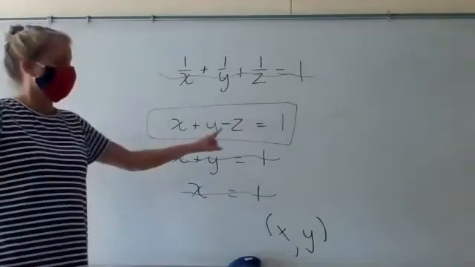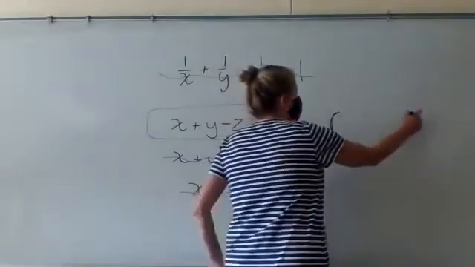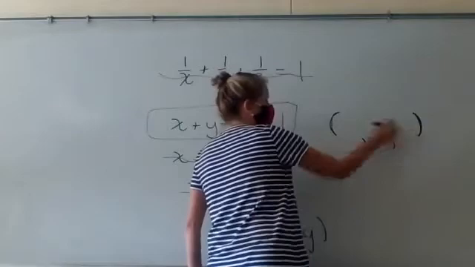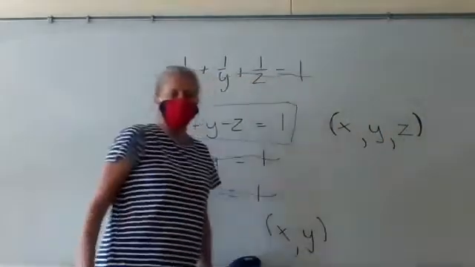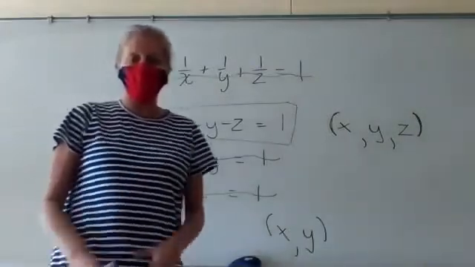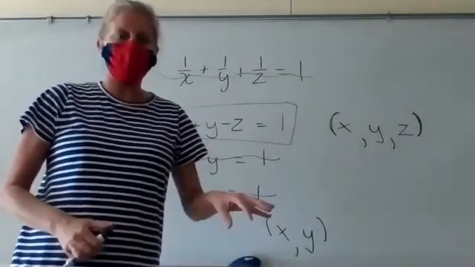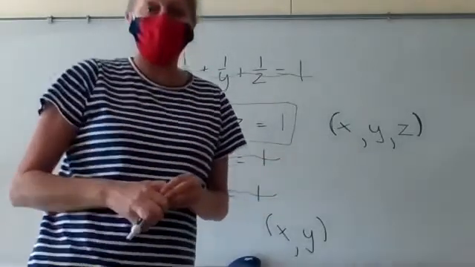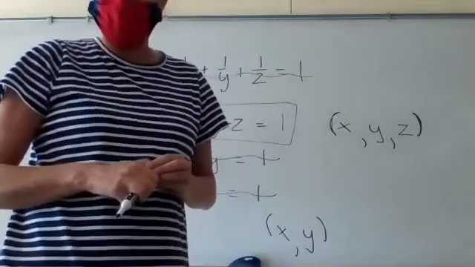Well, if you have 3 equations in 3 variables, your answer is going to be what's called an ordered triple. Still in parentheses, it's just going to have an x, a y, and a z. So that's what your answer is going to look like, with the number you get for x first, the number you get for y second, and the number you get for z last. So that's what number 6 is asking.